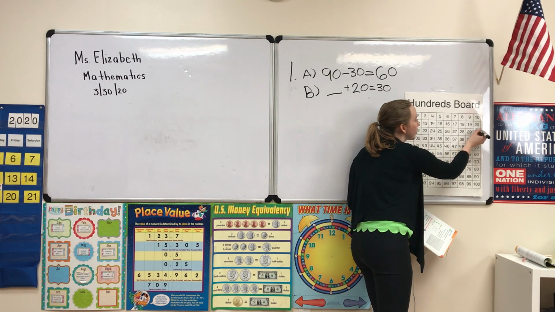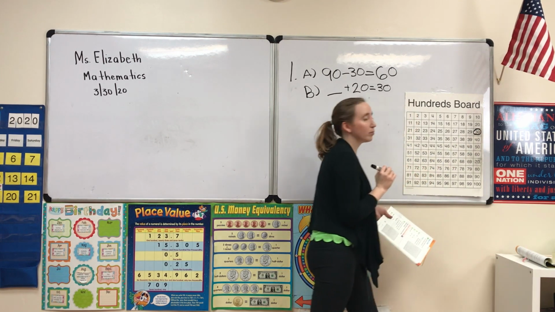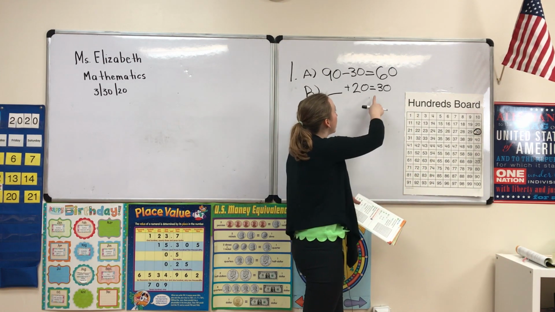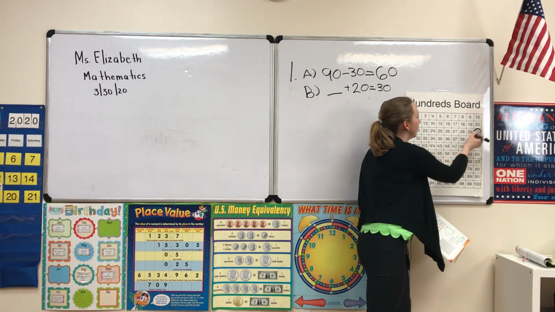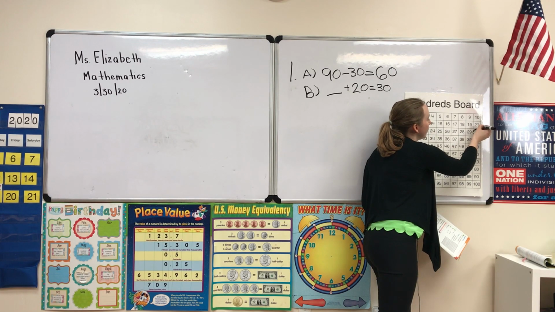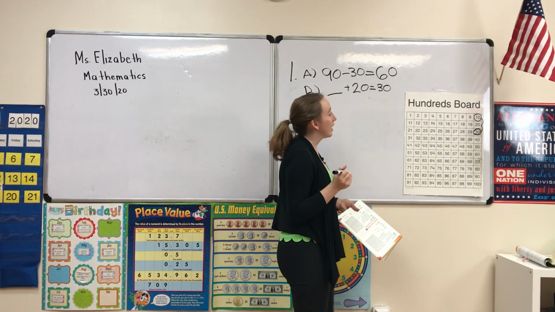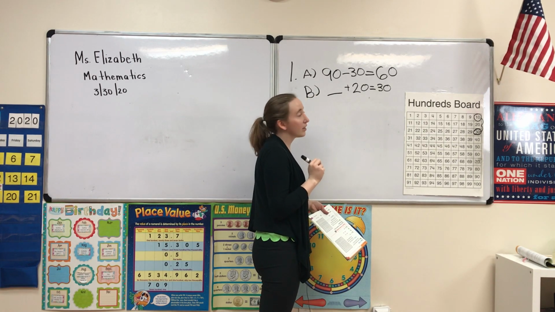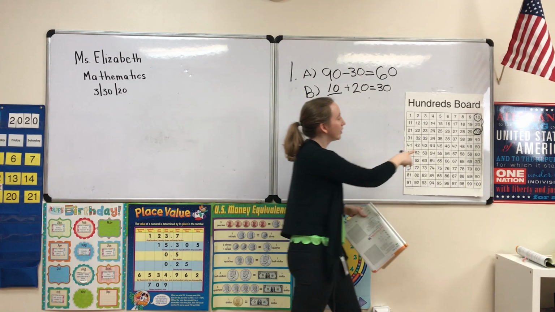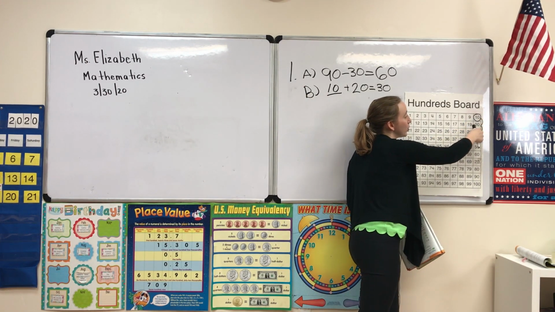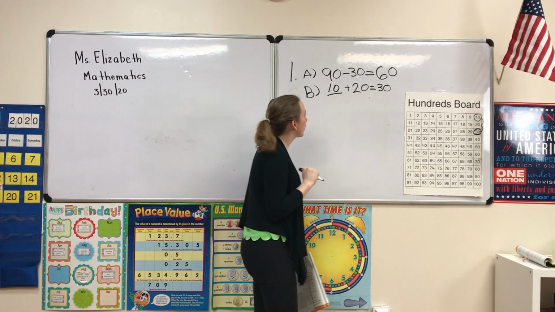So you're going to start by circling 30, our biggest number. And now we're going to take away 20 because we already know we added 20. 10, 20. And we're going to circle the last one we landed on, which is 10. So now we know if we add 10 to the 20, we get 30.